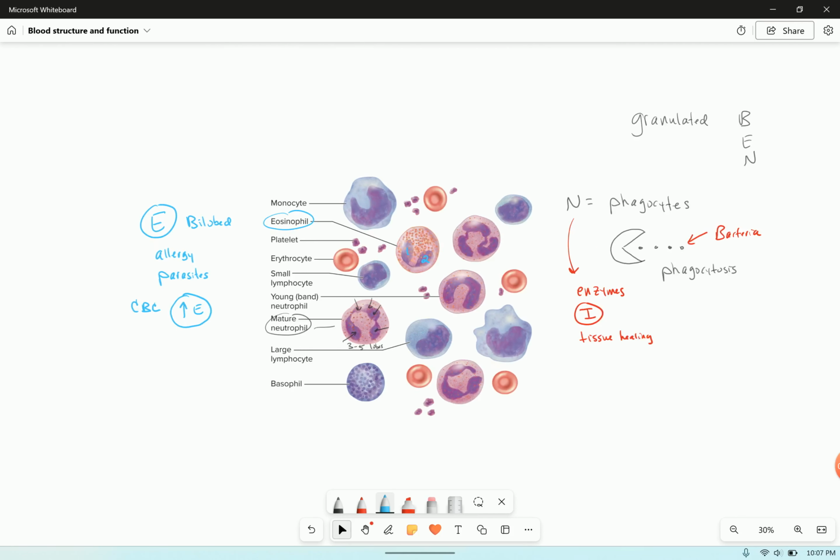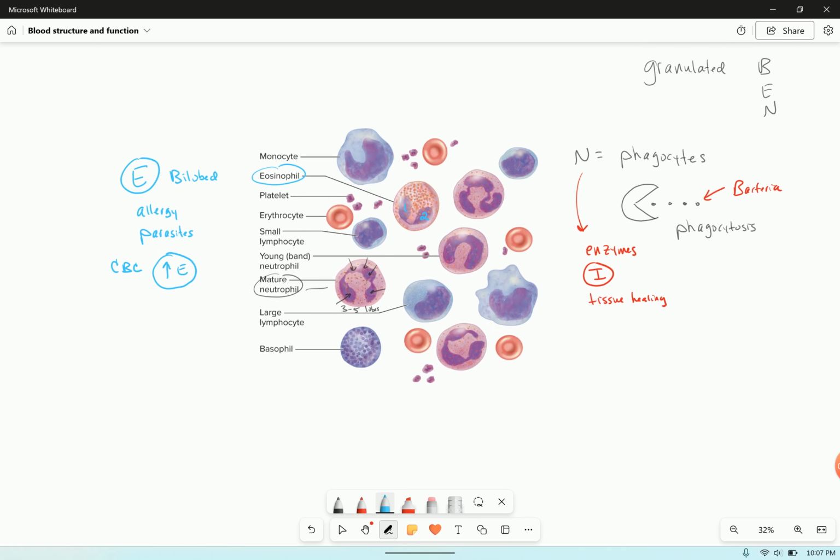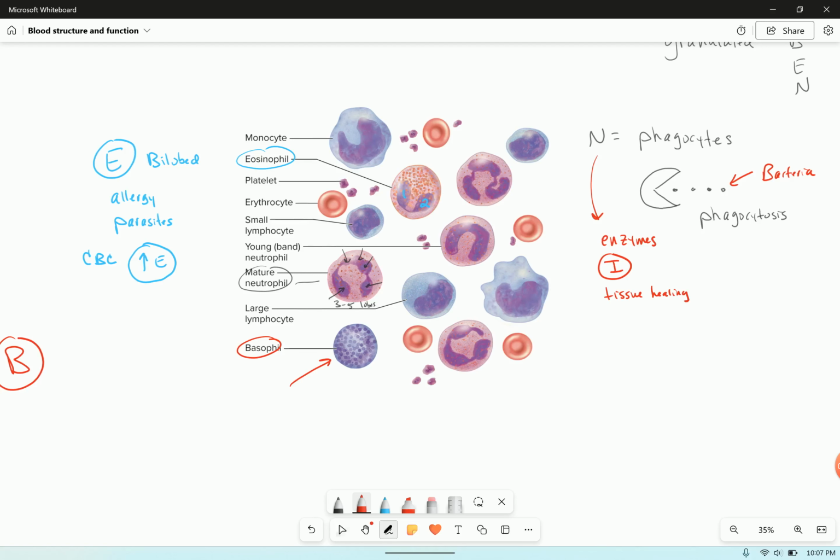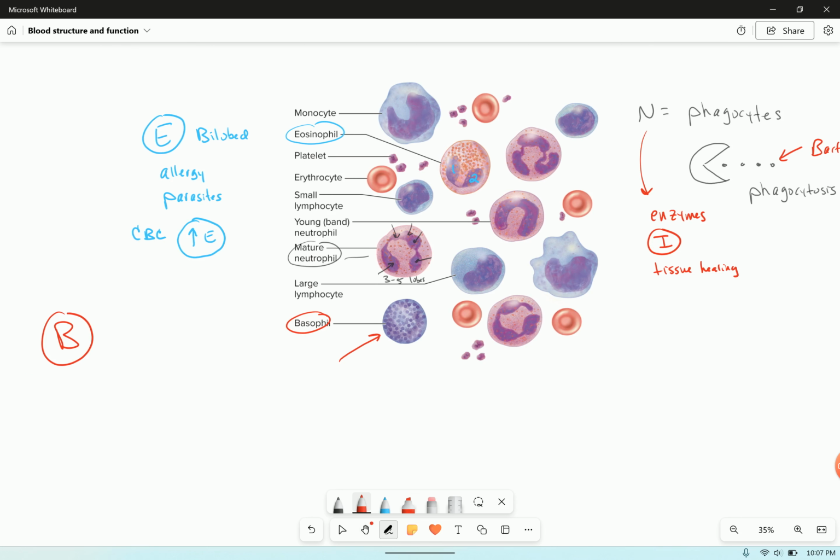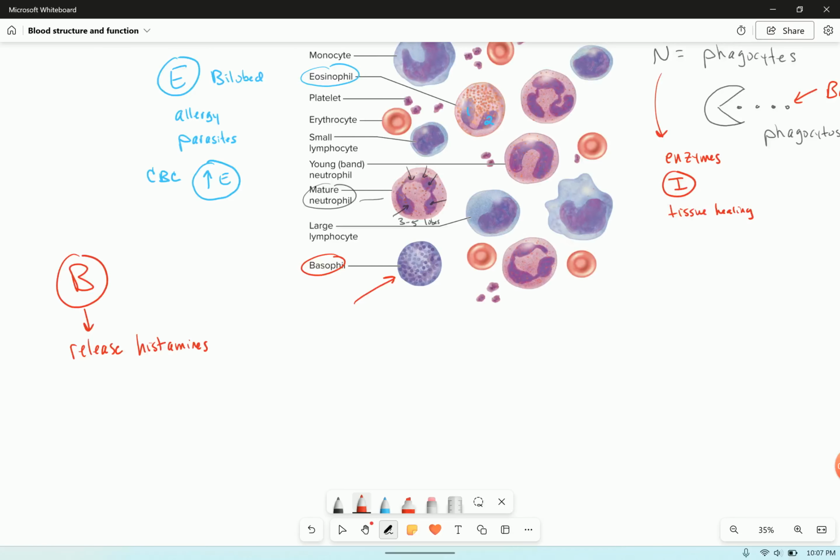Okay, the next one under granulated would be the basophil. That one is the least abundant, but it also has a lot of granules in it. The basophil granules release histamines, which is a vasodilator.